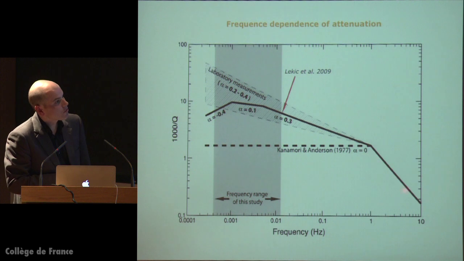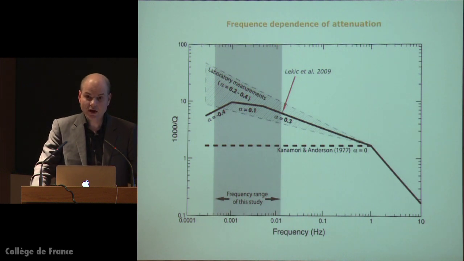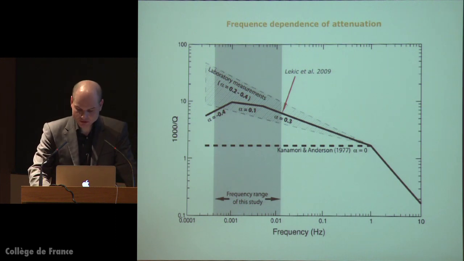So if you know this shape of the seismic band, then you can use it in order to calculate the mu or the Vs that you measure in high pressure Brillouin spectroscopy.